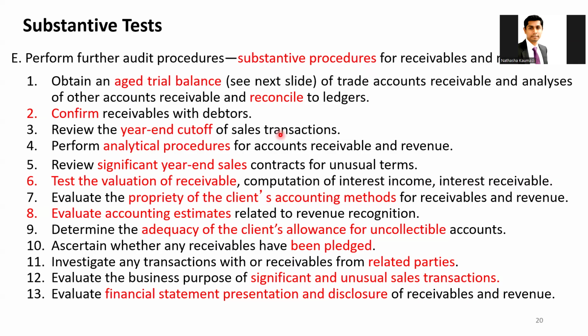And then performing analytical procedures for accounts receivables and the revenue. I have shown you so many examples when it comes to ARs and revenue. So that is a substantive analytical procedure. This number 4. And then reviewing significant year-end sales contracts for unusual terms.